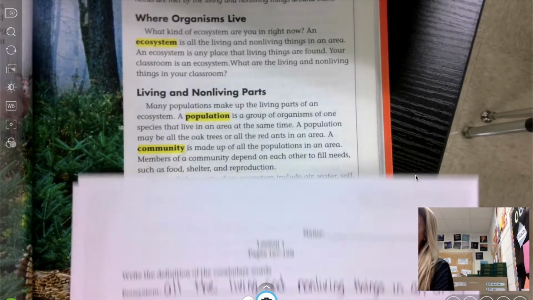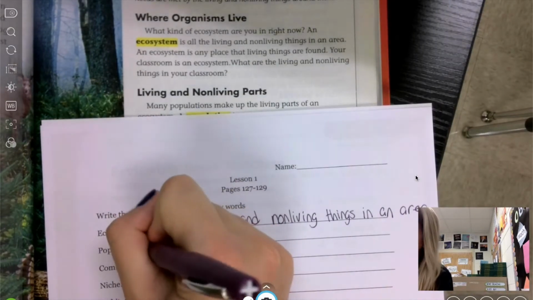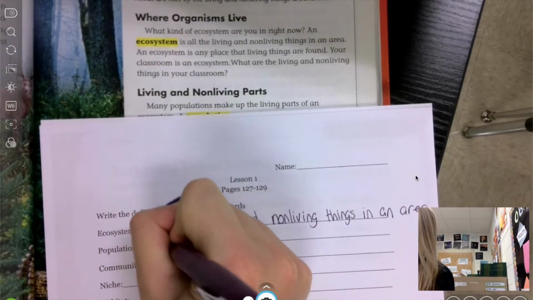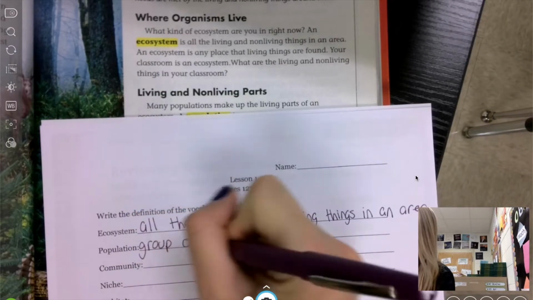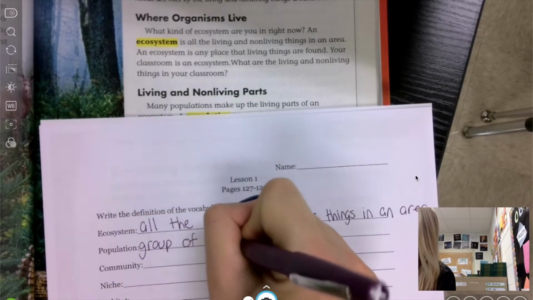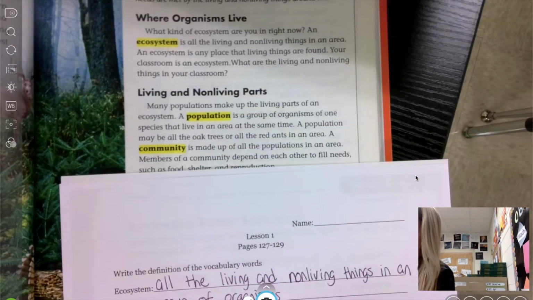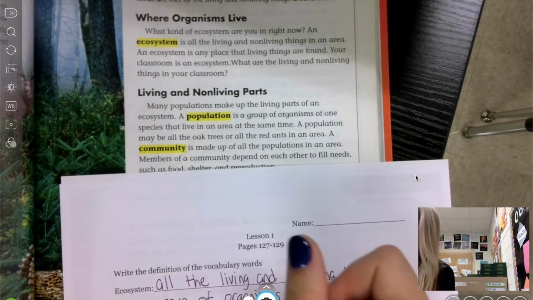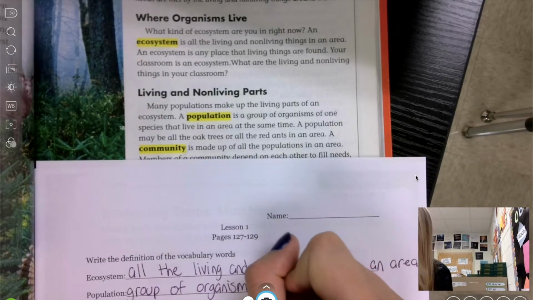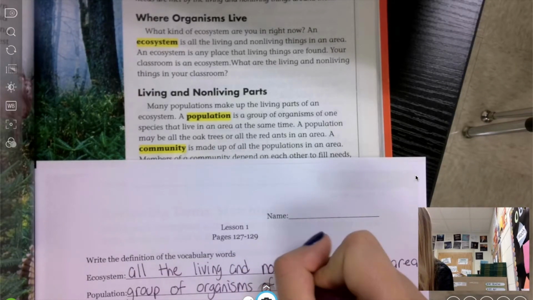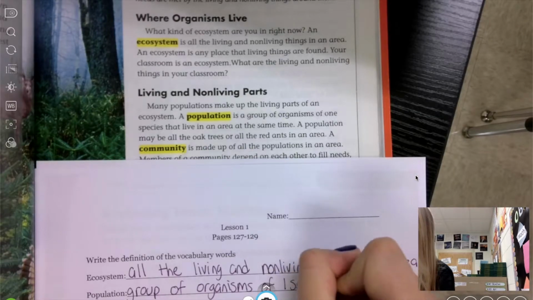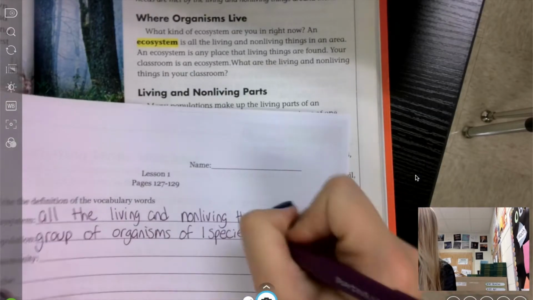So a group of organisms of one species that live in an area.